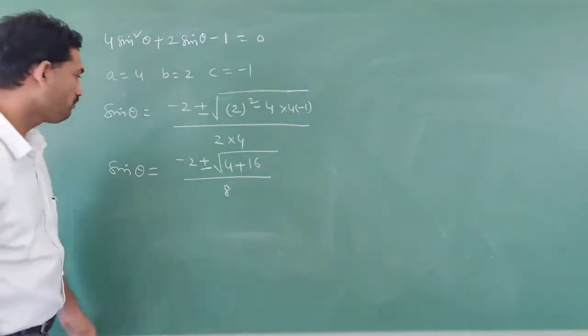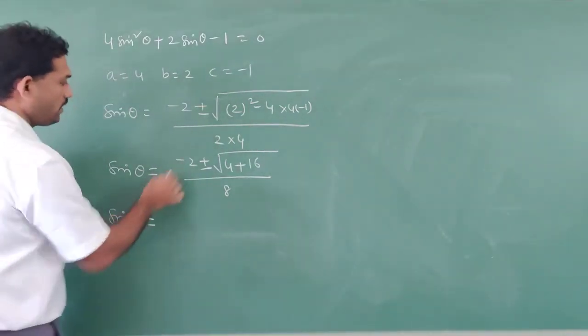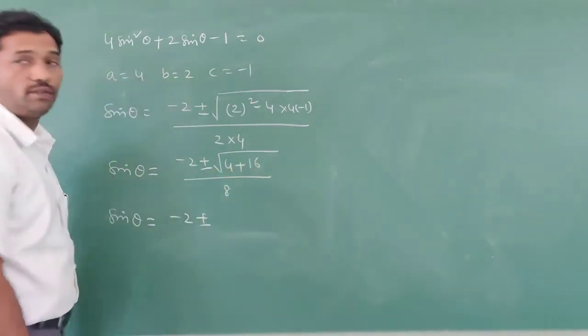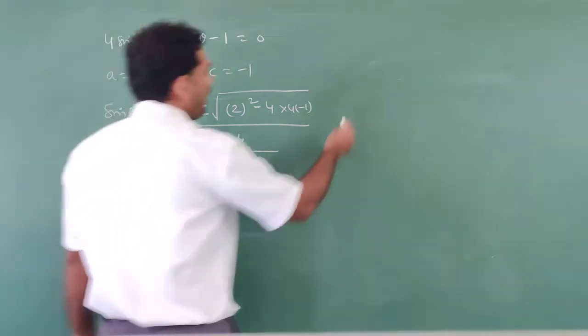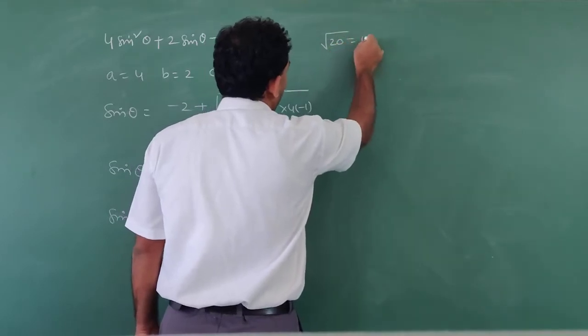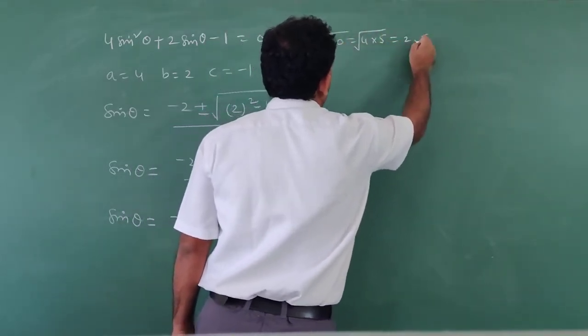How much is this value? 4 plus 16 is 20. So root 20 can be written as 4 into 5, which means 2 into root 5.